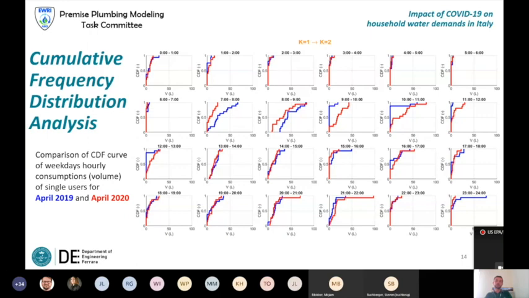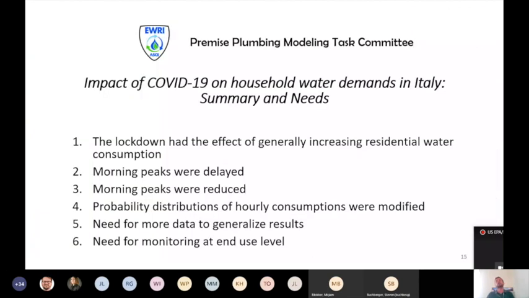Clearly, this is a demonstration that the lockdown had an impact on household water consumption, and, by making reference to the previous presentation of Stephen and Miriam, clearly this impact affects the probability distribution that should be used to evaluate the peaking coefficient, or more in general, to simulate household water consumption.